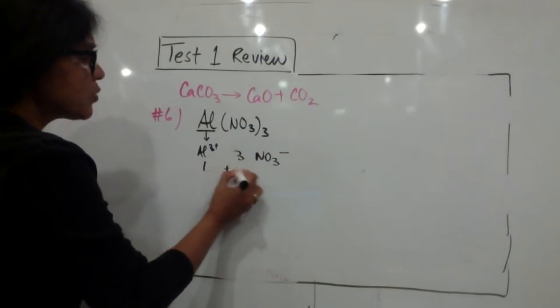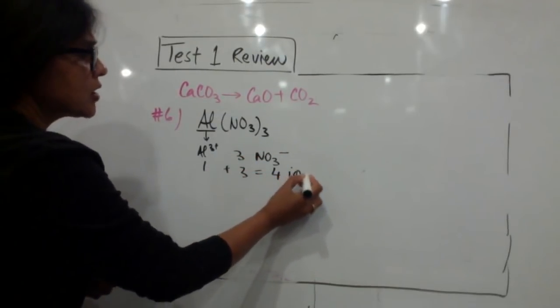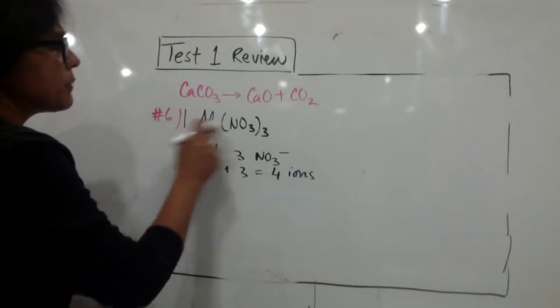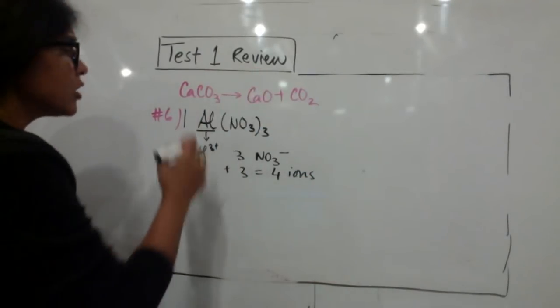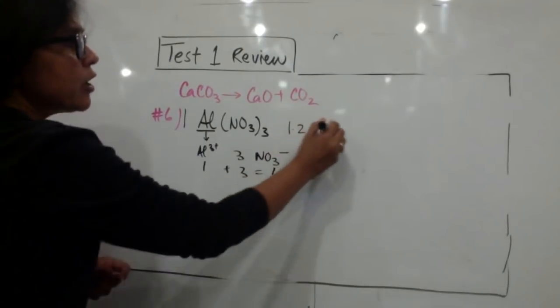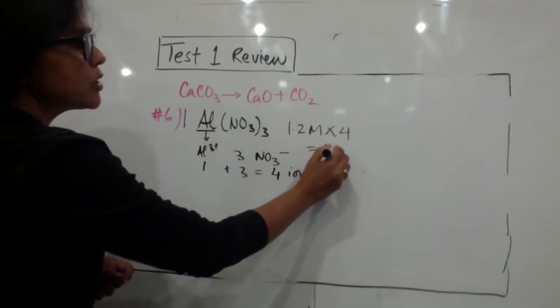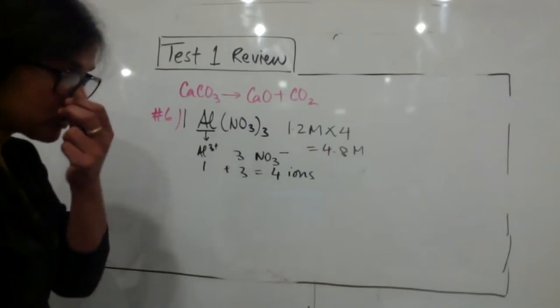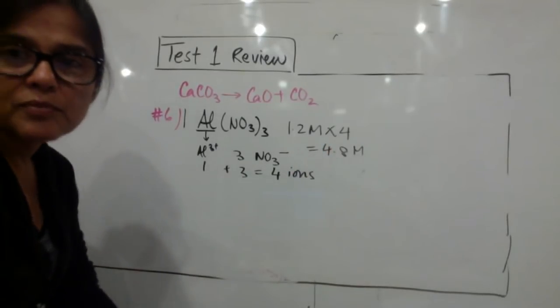So total there is 1 plus 3, 4 ions. So when 1 aluminum nitrate breaks, it'll make 4 ions. So if the molarity of aluminum nitrate is 1.2 molar, the molarity of its ions will be 1.2 times 4, or 4.8 molar.